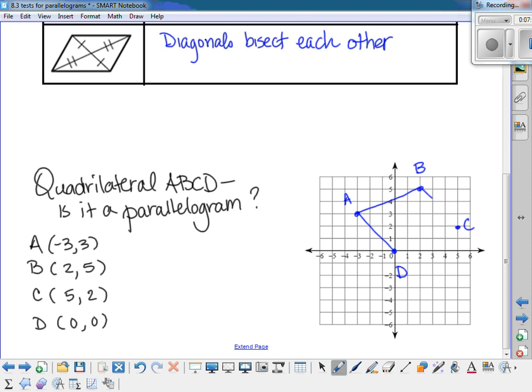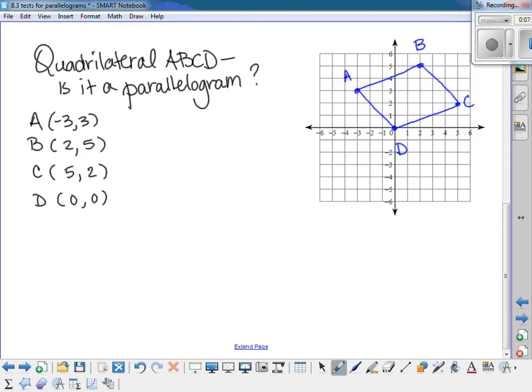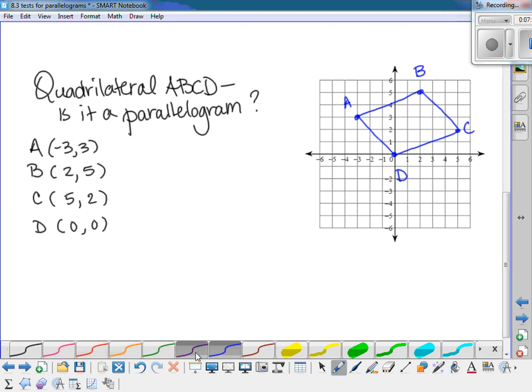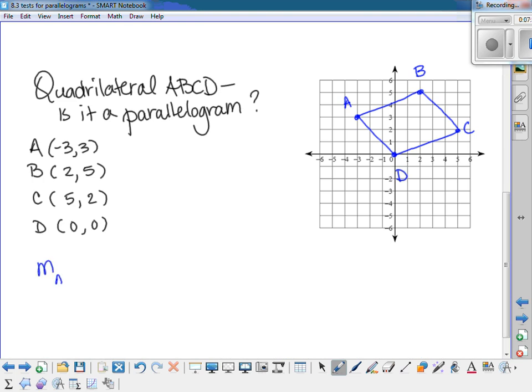So we can't just base it on what it looks like. We have to actually test and see whether the sides are parallel. So when we have parallel lines, they have the same slope. So I need to look at the slope of AB and compare it to the slope of DC.